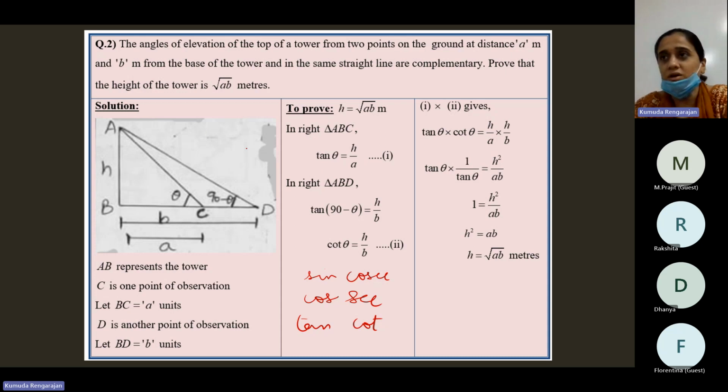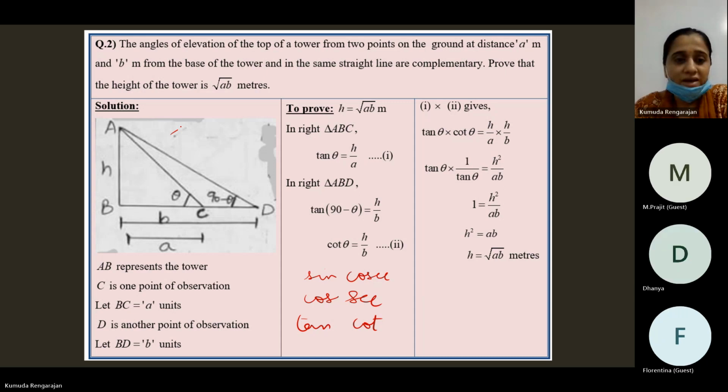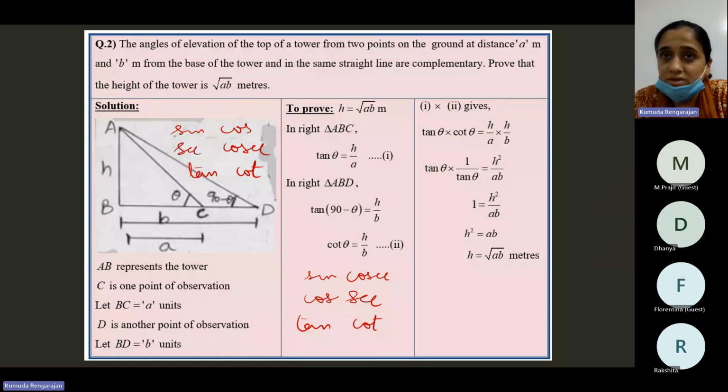In the same way, we have something called complementary ratios.